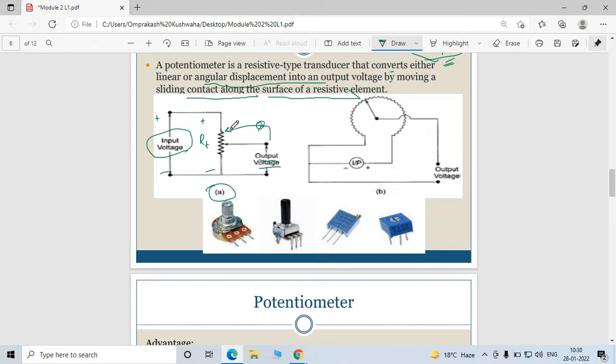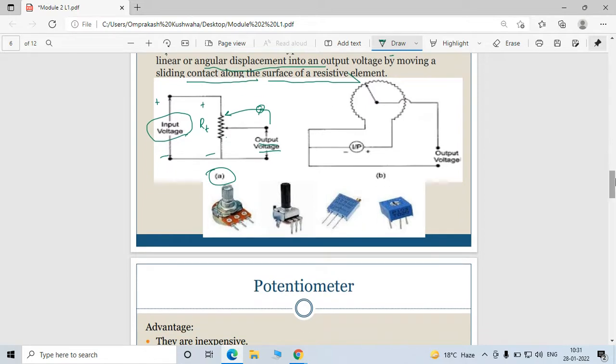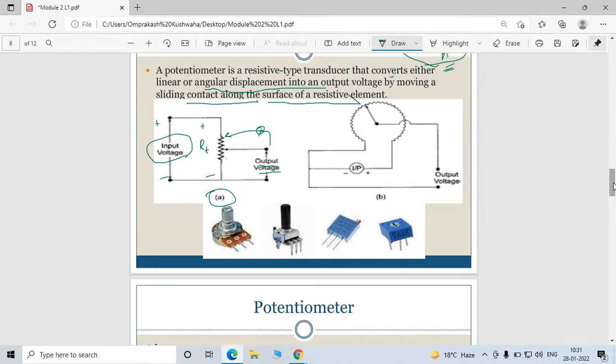At different locations of this port terminal, you can find out the current. Once you go to the last terminal, you are finding the maximum value of voltage.